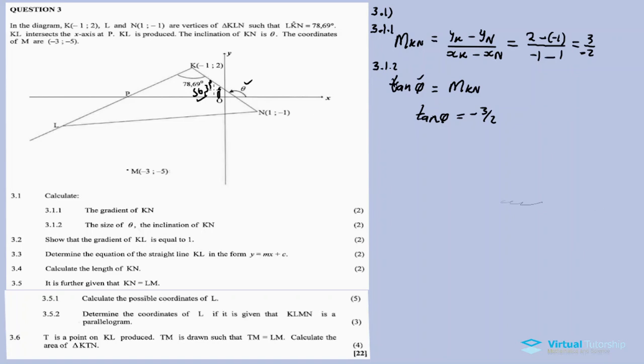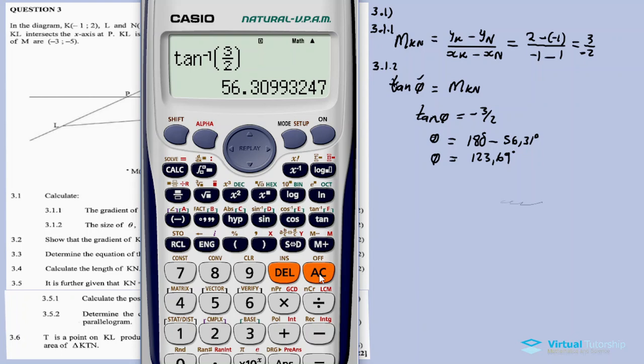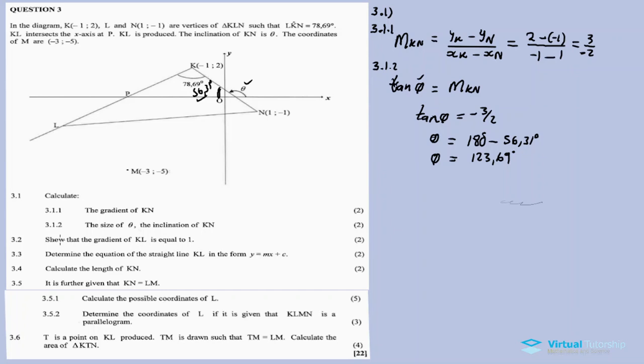Since this angle and theta are on a straight line, theta is in fact equal to 180 degrees minus 56.31 degrees, so theta is about equal to 123.69 degrees. So let us check. Yes, this is our angle theta.